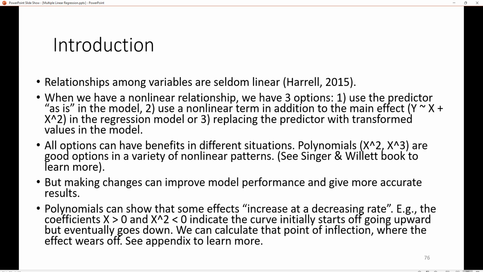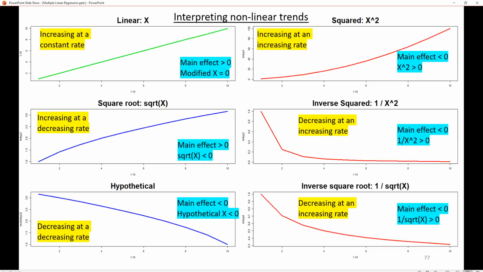That indicates the curve initially starts off going upward, but eventually comes down. We can calculate that point of inflection, so we can figure out where that change in the trajectory will happen. You can read more about that in the appendix to figure out how to do that calculation.